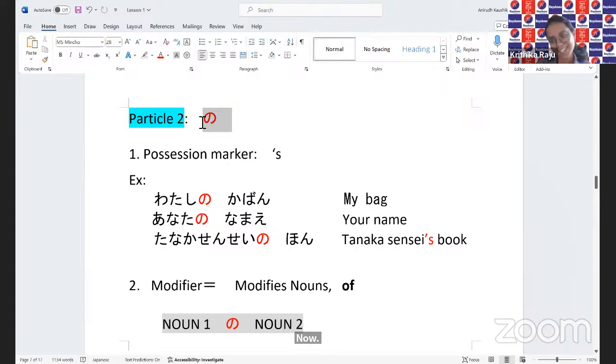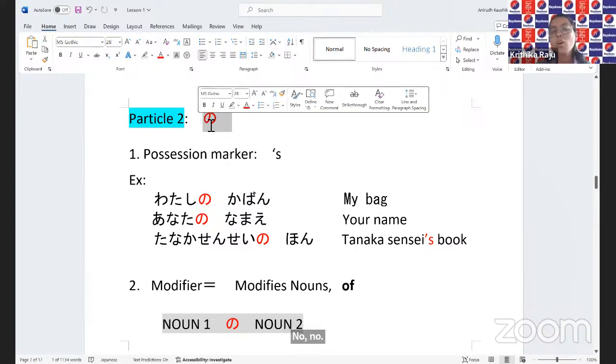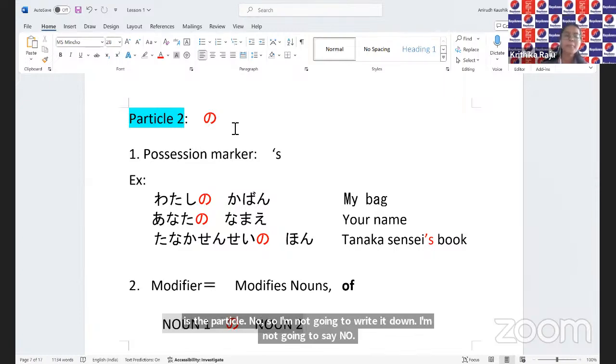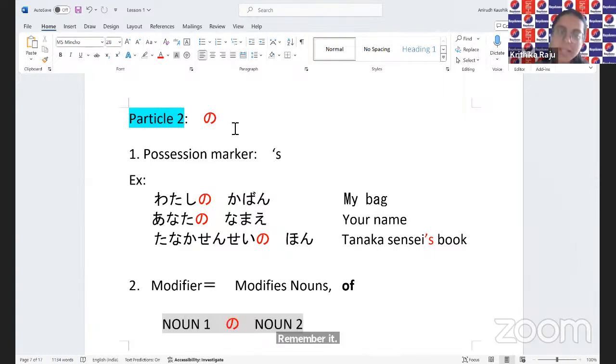Yeah, same row, but different sound, right? No. This is the particle no. So I'm not going to write it down. I'm not going to say N-O. No. Remember it. Okay? So no has related functions. It's almost similar. And thankfully, as a kana also it is no. As a particle also you pronounce it as no. So here there's no confusion.